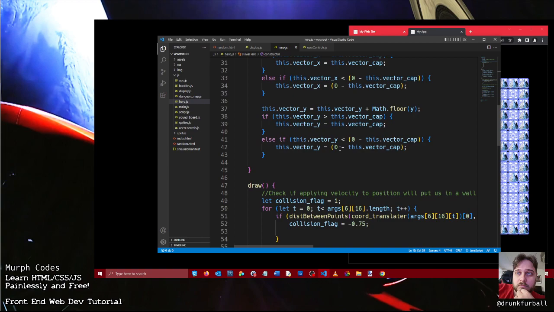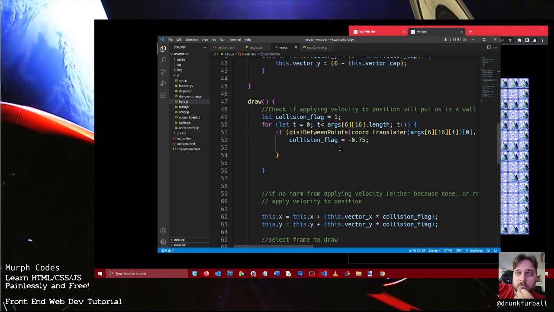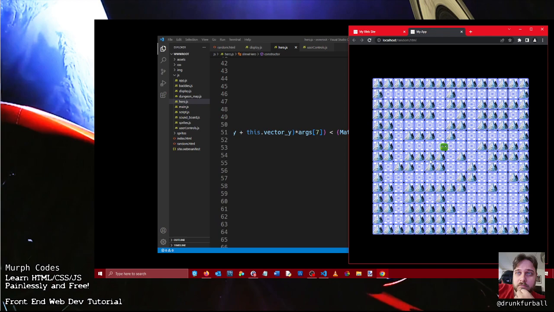Let's see here. I had some other funky math stuff that I had to do. Oh, was it here? Oh yeah. We had to tinker with the collision distance a little bit because what we're ending up doing here is we're creating corridors here.